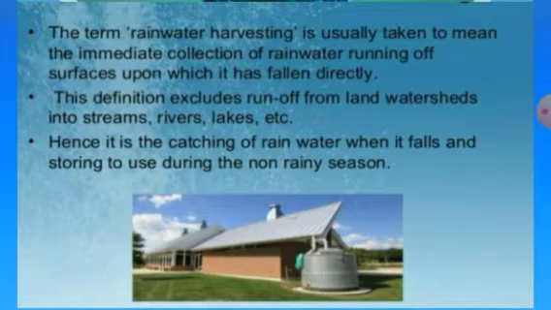This definition excludes runoff from land watersheds into streams, rivers, lakes, etc. Hence, it is the catching of rainwater when it falls and storing it to use during the non-rainy season.